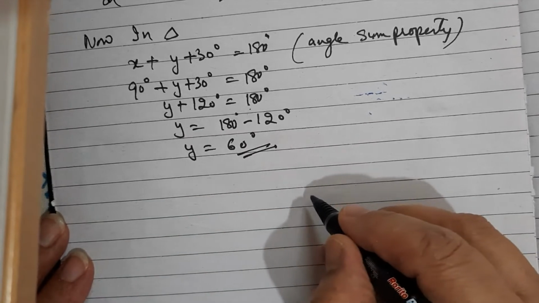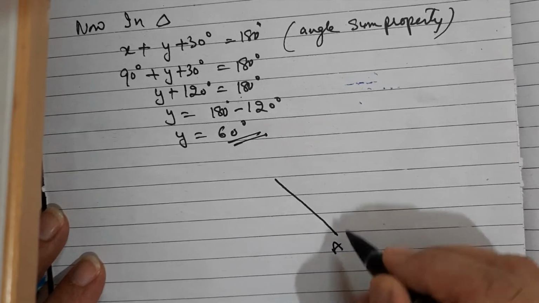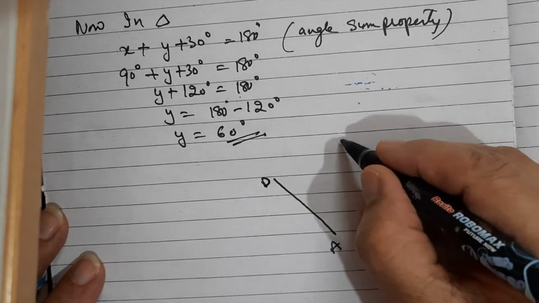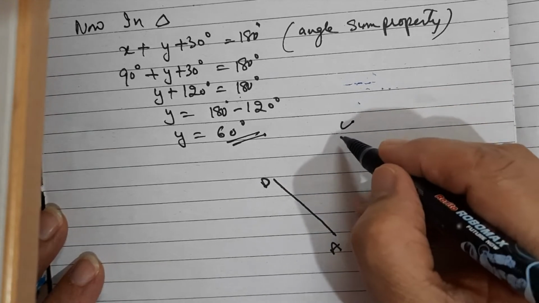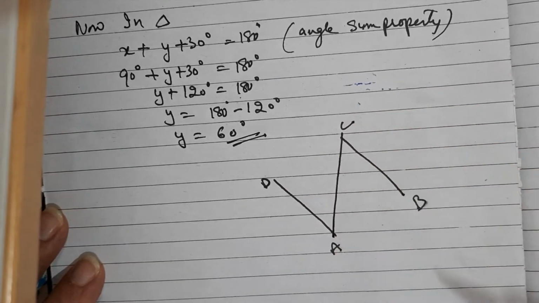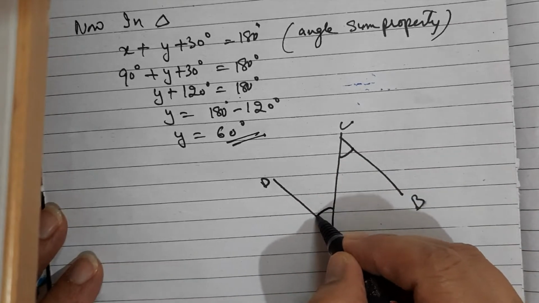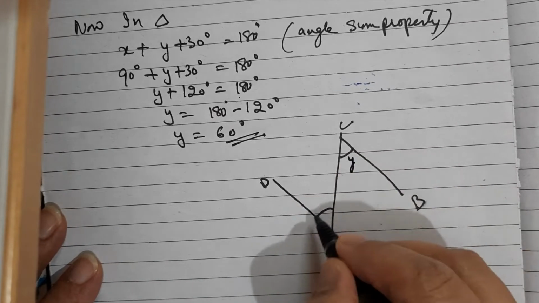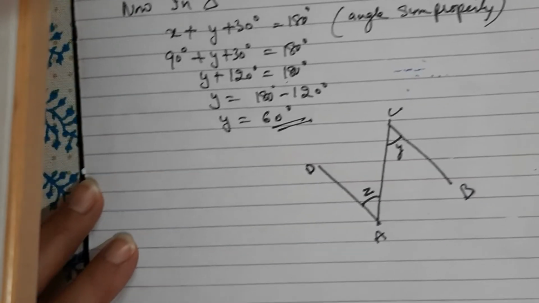So I am again explaining using this concept: AD is parallel to BC and AC is the transversal. This angle will be equal to this angle. This is y and this is z. So y is equal to z, alternate angles.